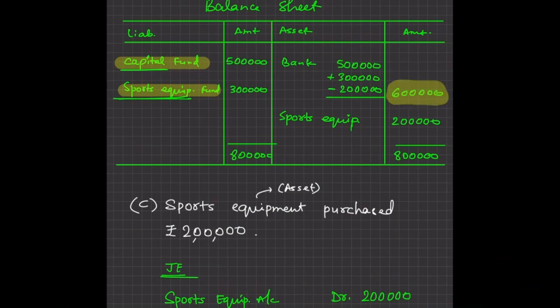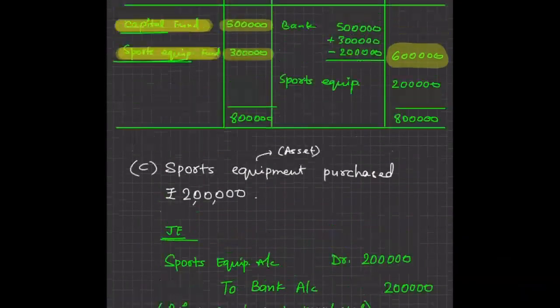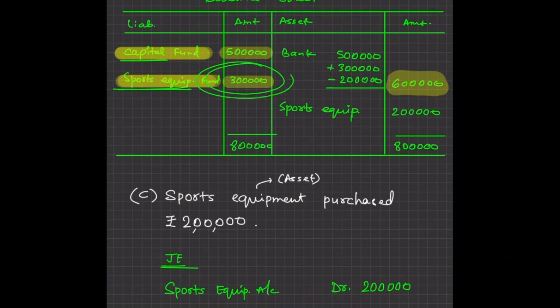Now, if I ask how much is for the capital fund and how much is for the sports fund, you will not be able to tell unless and until you pass one journal entry extra, because the total of your capital fund is 5 lakhs here. Total of your sports equipment fund is 3 lakhs here. But in actual, out of these 3 lakhs, you have actually purchased some sports equipment of rupees 2 lakh.